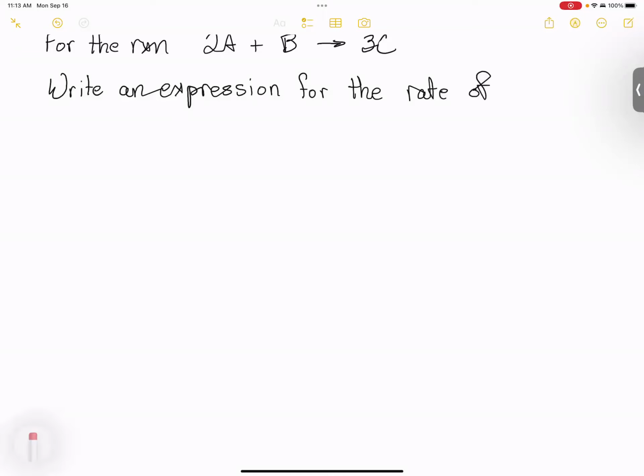And I don't know why my pen is doing weird, funky things. I guess I don't pick it up far enough.